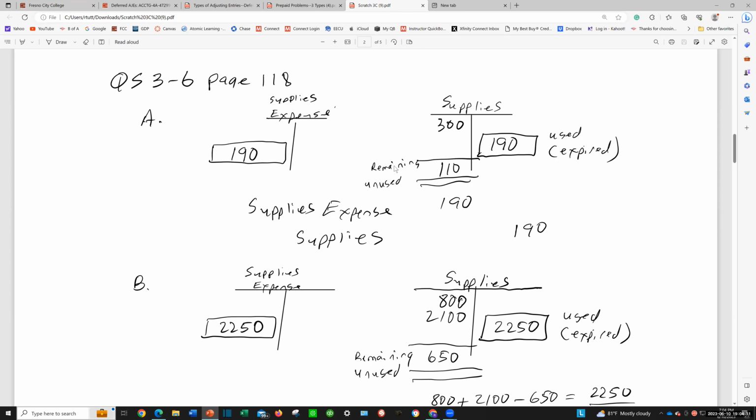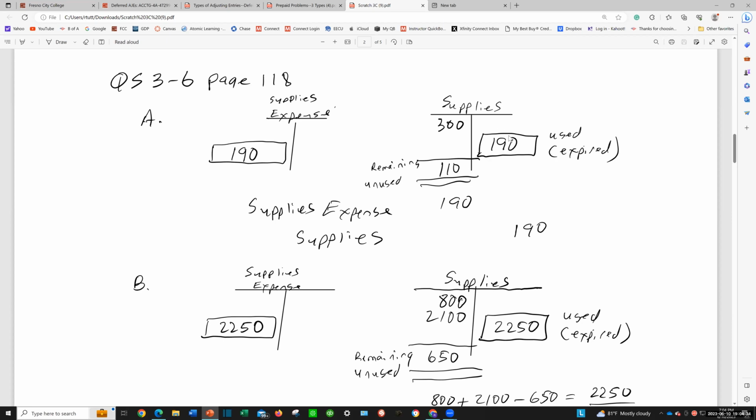That's the amount that's unused. Okay, well, how much did we use? If we start out with 300, but we only ended up with 110, we must have used 190, right? 300 minus 110 is 190.